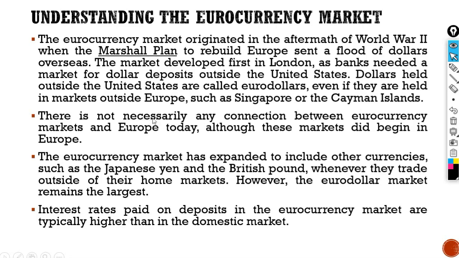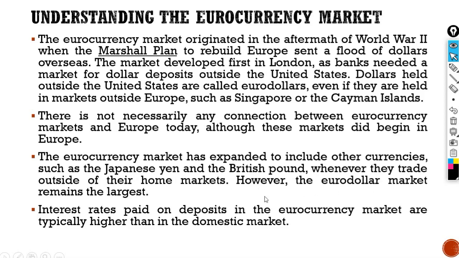There is not necessarily any connection between the euro currency market and Europe today, although both markets began in Europe. The euro currency market has expanded to include other currencies such as Japanese yen and the British pound whenever they trade outside of their home market.